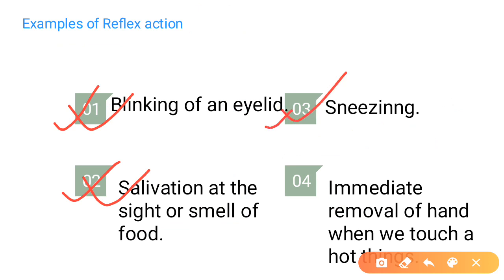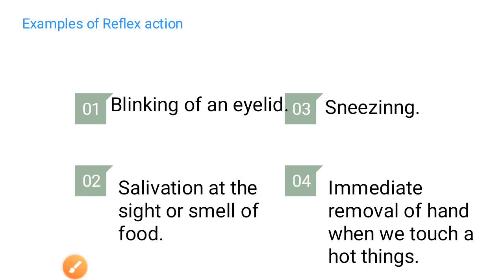Sneezing is also an example of reflex action. When foreign particles enter our nose, we sneeze to remove them from the body. And number 4 is the immediate removal of the hand when we touch a hot thing.